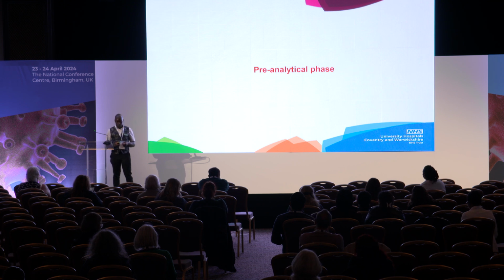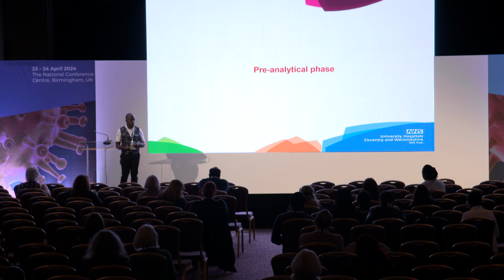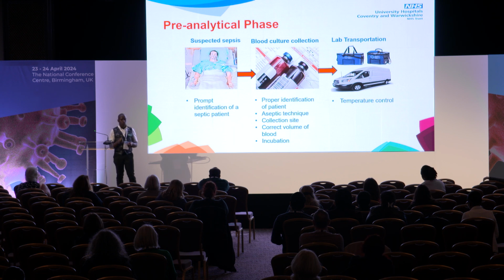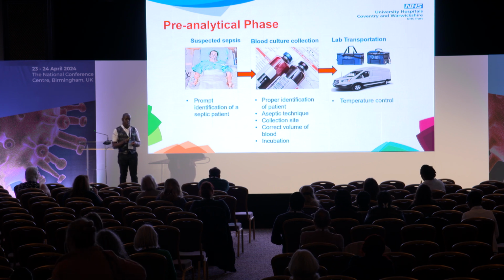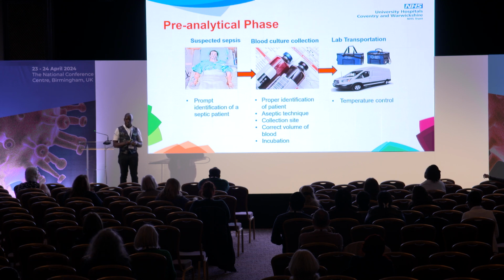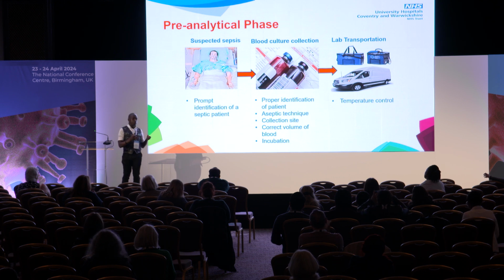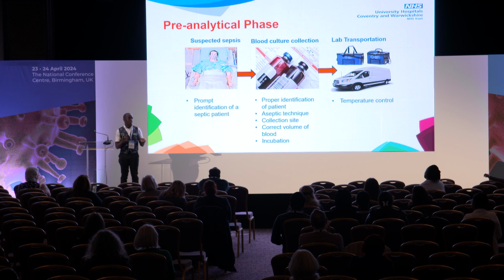So looking at the pre-analytical phase, we identify that the patient is septic, and then the clinician has to take a blood culture. We very rarely get the problem where the sample has the wrong patient or is unlabeled.